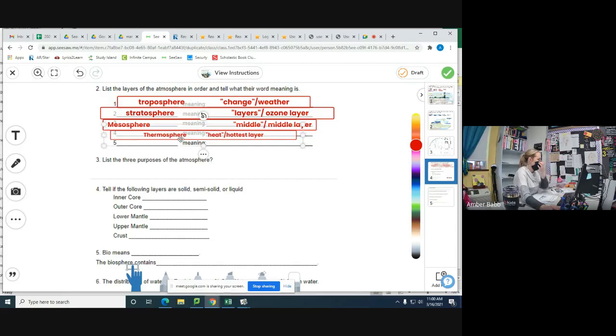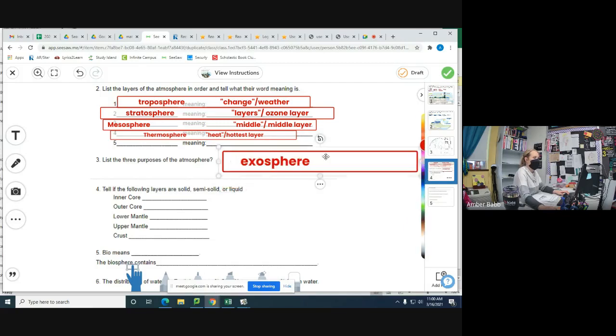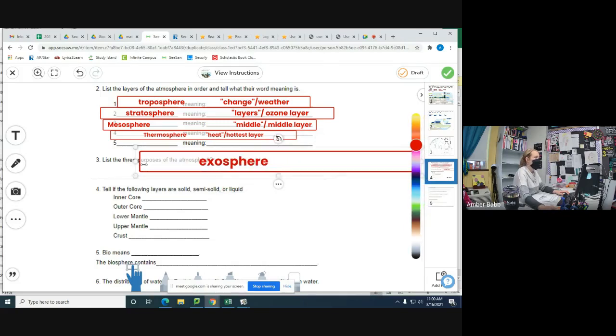And then, all right, exosphere. And the final layer, somebody tell me. Exosphere. Sophie, what does exo mean? Radioactive. No, it has nothing to do with radioactive. What does exo mean, Jason? I kind of think of exoskeleton.